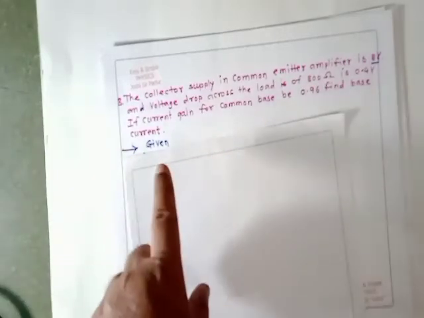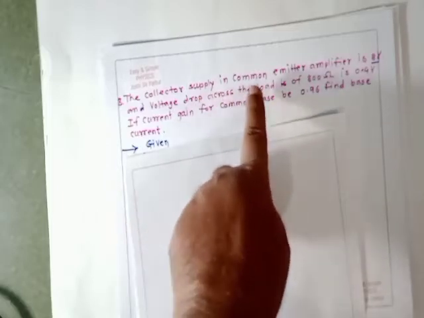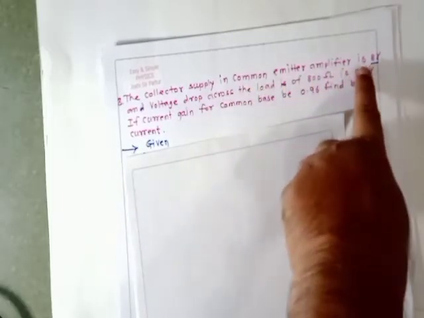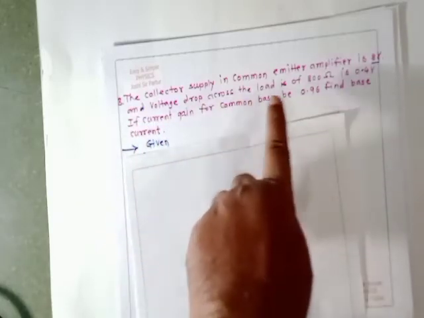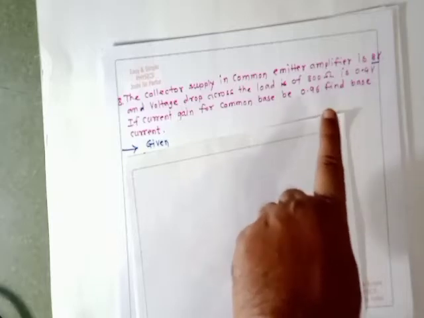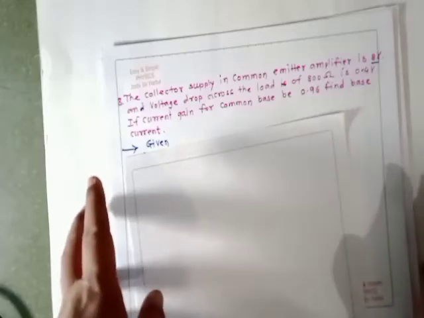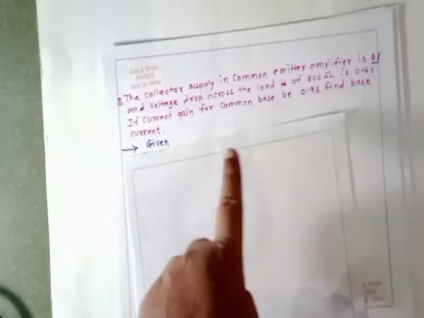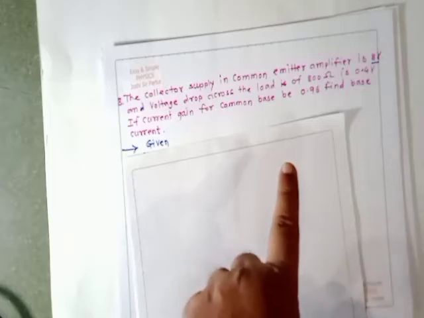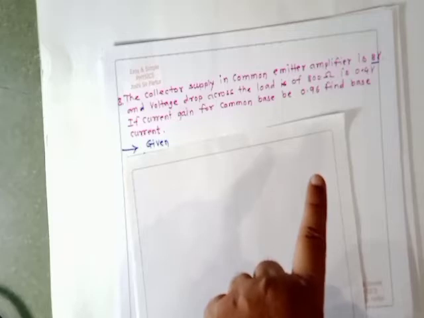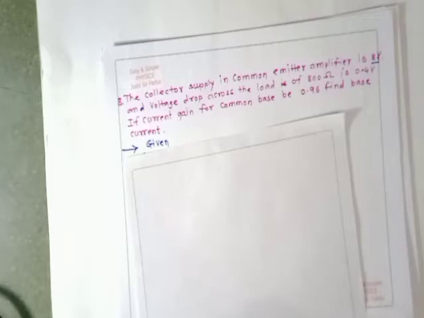If we see problem number 8, the collector supply in a common emitter amplifier is 8 volt and the voltage drop across the load of 800 ohm is 0.4 volt. If the current gain for common base is 0.96, find the base current.